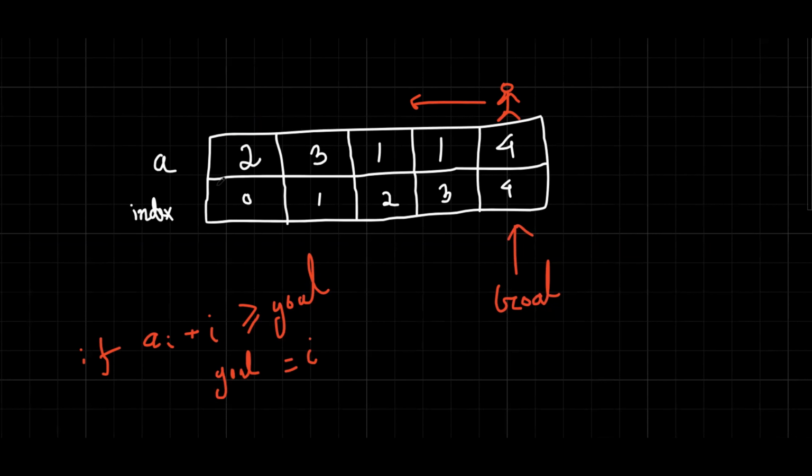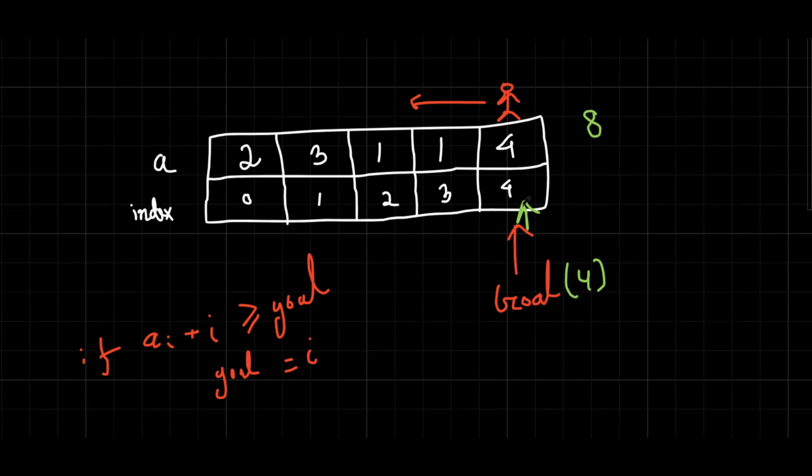Anyways, suppose currently we are present at this last index. So here, the value of i plus a of i, that means 4 plus 4, will be 8. And initially, the value of goal will be 4. So we can say that 8 is obviously greater than 4. So currently our value of the goal is 4.